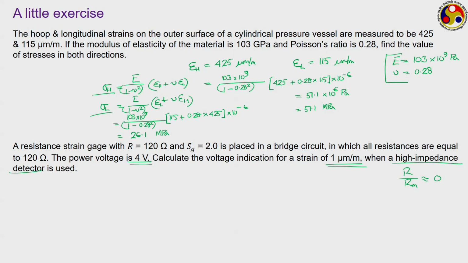So, what is the given information? Here for the gauge we have R equal to 120 ohm and the gauge factor is 2. For the bridge circuit, all the resistances are of the same value. If we call this gauge resistance as R1, let us draw one bridge circuit first. So, let us say this is the bridge circuit that we are dealing with.